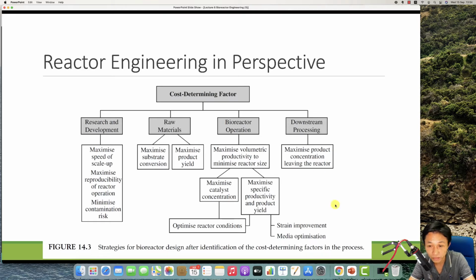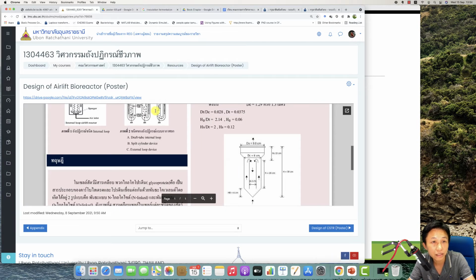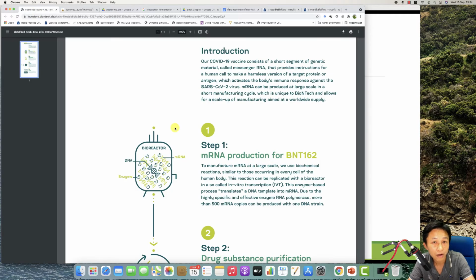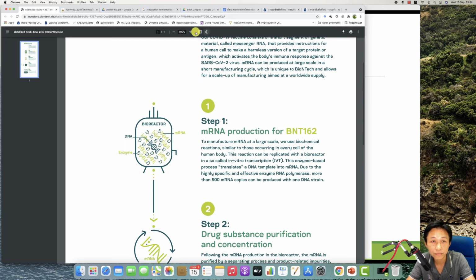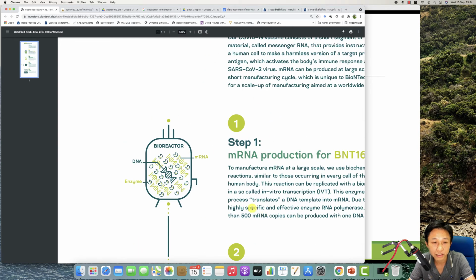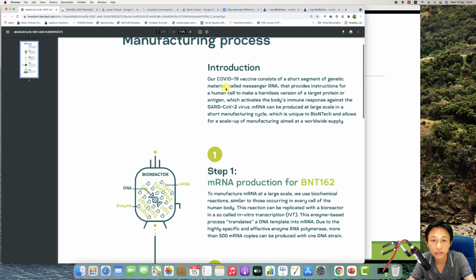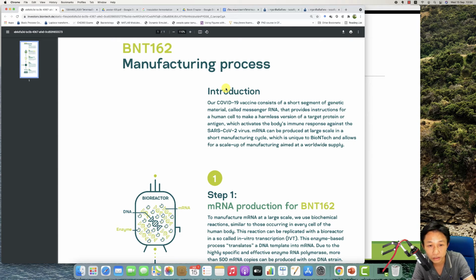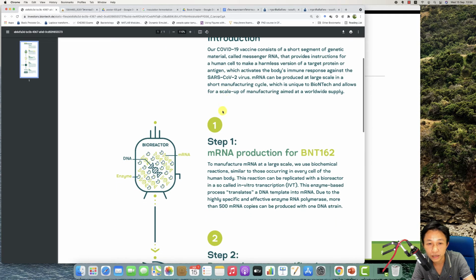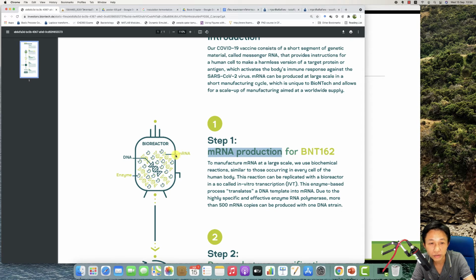And I give you some better idea about how the company works. This one is vaccine production, mRNA vaccine production. For the first step, they produce mRNA. So you have an mRNA template. This is the bioreactor, and you have DNA, you have enzyme.